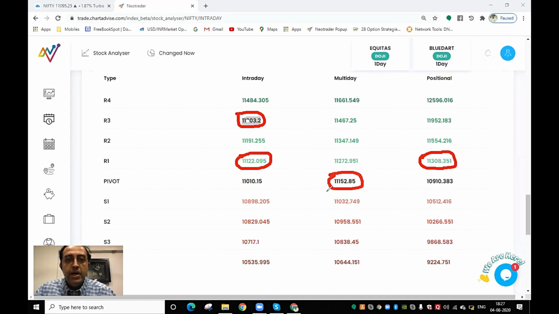These are the immediate resistance zones. If these resistance zones are crossed, then you have the potential to move higher. So this is what we are looking at on the Nifty on the upside.